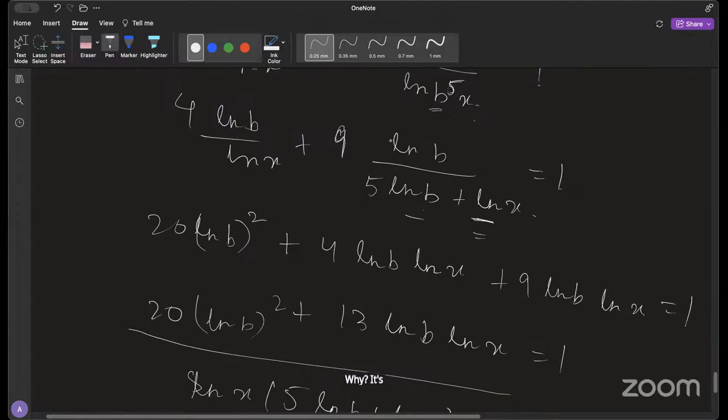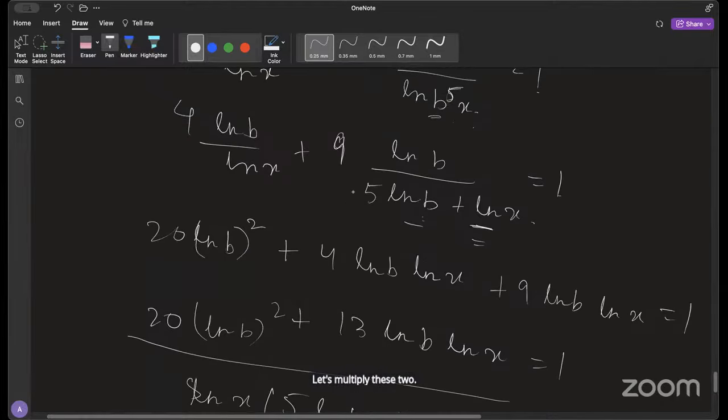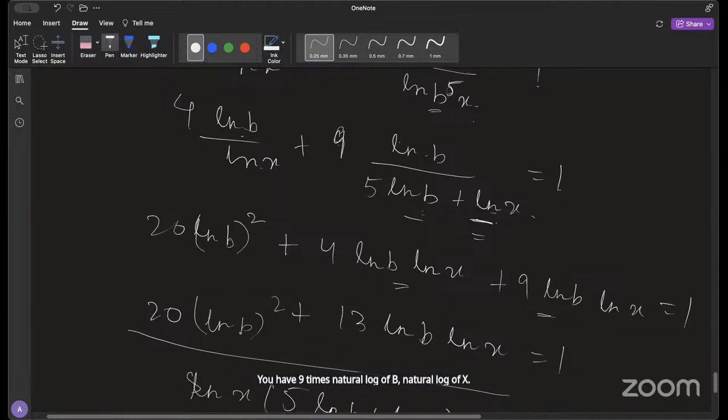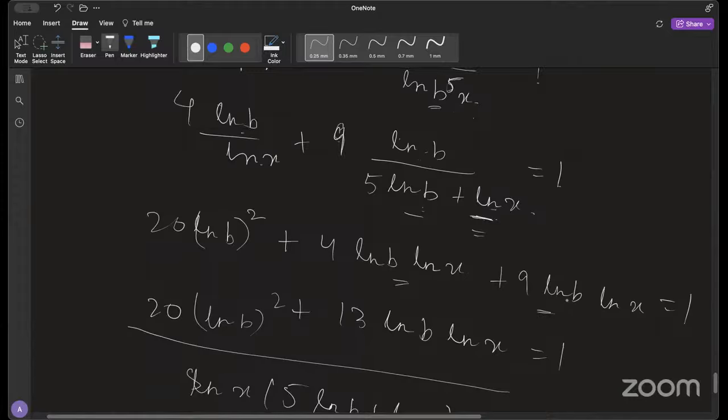We've cross multiplied this and then just multiplied these two. So we have natural log of b, natural log of x 4 times, right? From here, these two terms, and then from these two, you have 9 times natural log of b, natural log of x. That is correct only.